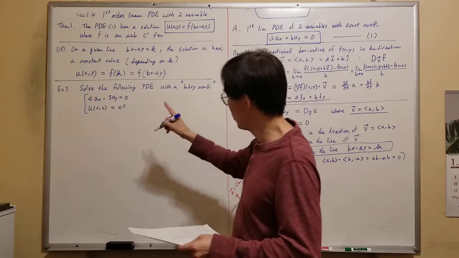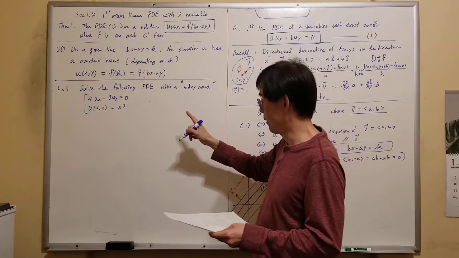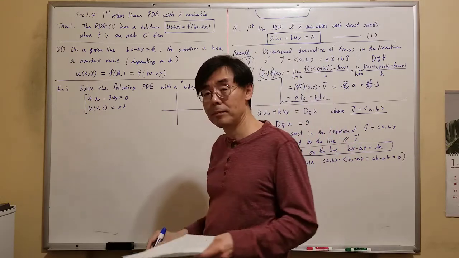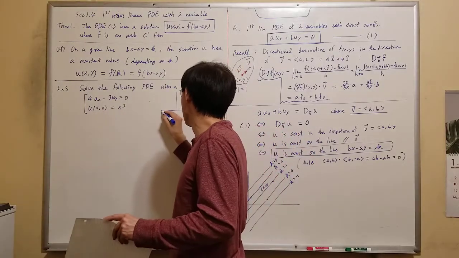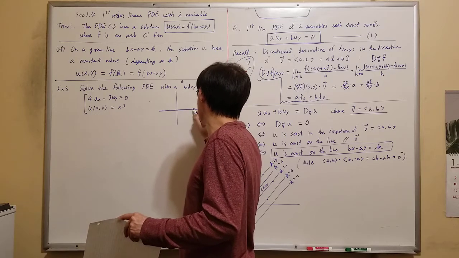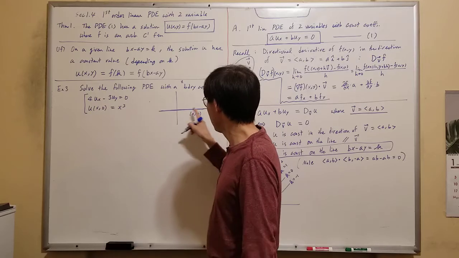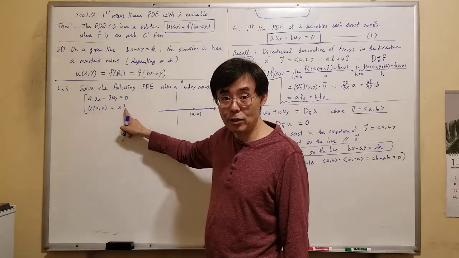So your unknown function u of xy is defined on an xy plane. Our so-called boundary is when y equals 0, here on this line. So it will be x0. So on that line, your solution value will be x cubed.